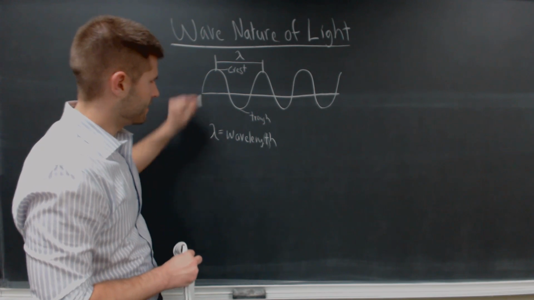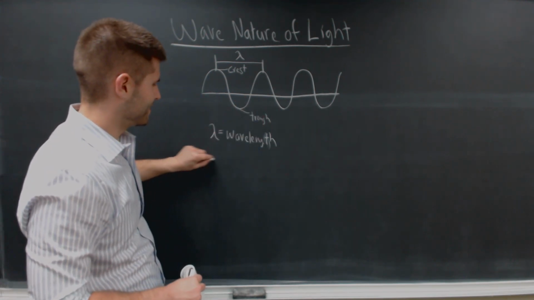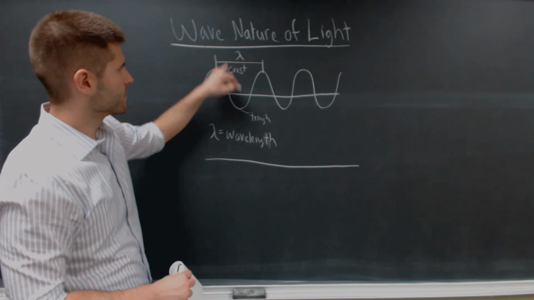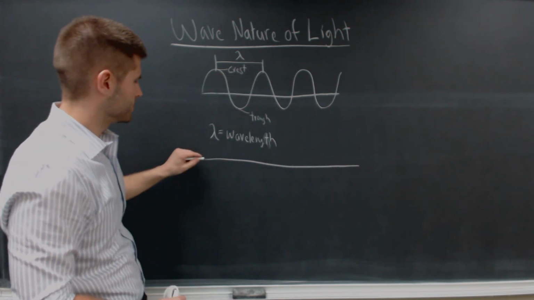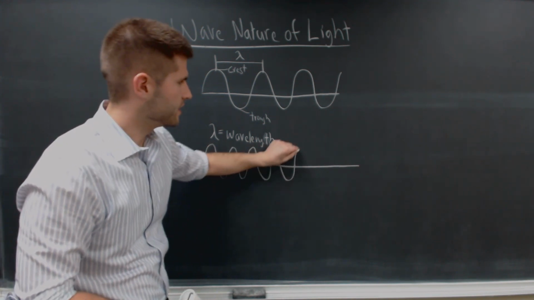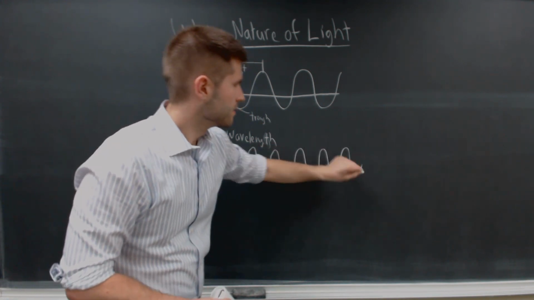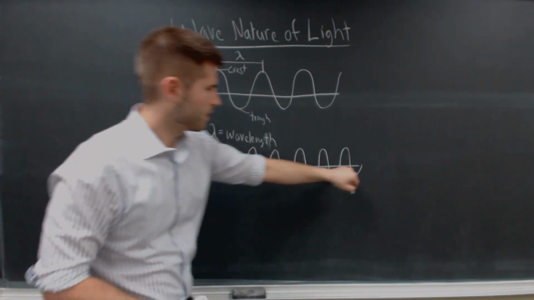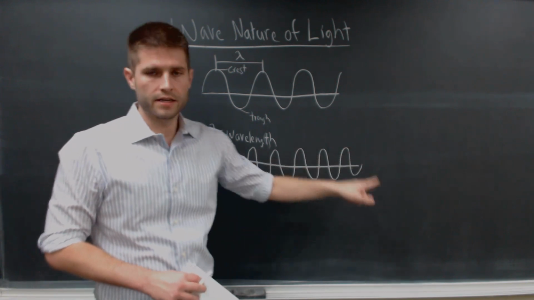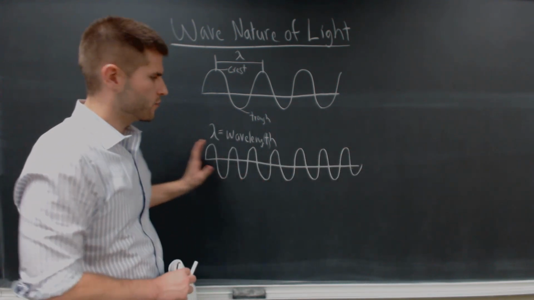I don't want to draw it on the same plot because I will get messed up that way. If we have the same height and trough size, but we increase the frequency, then in roughly the same distance, we have a lot more crests going on here. This is called the frequency.